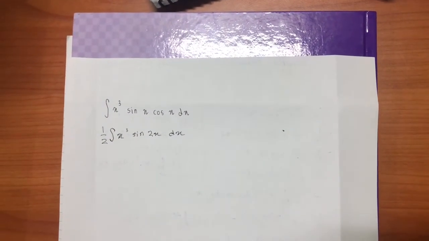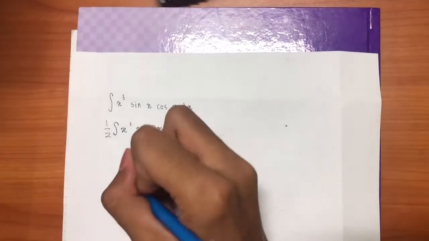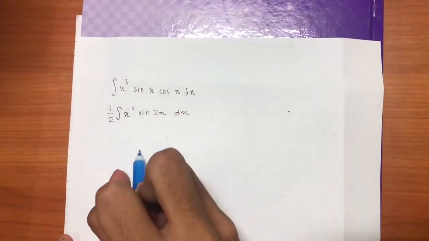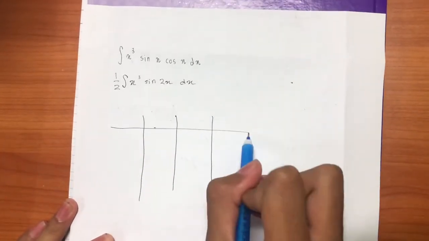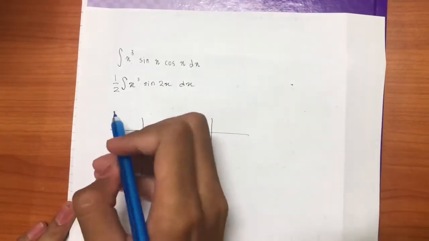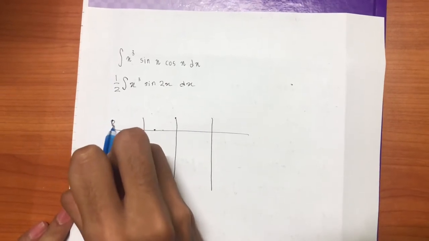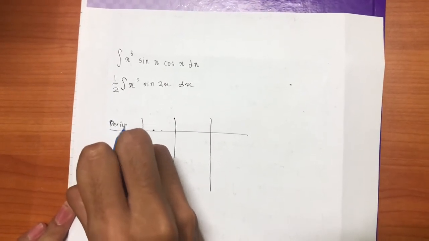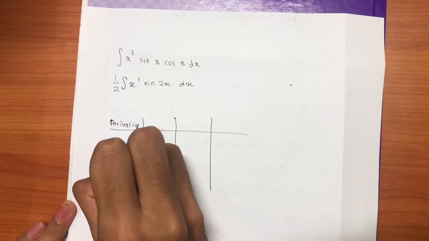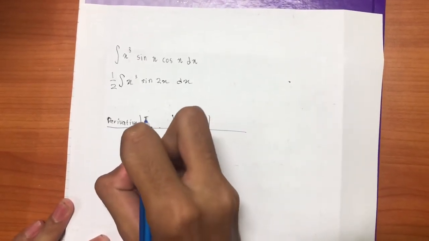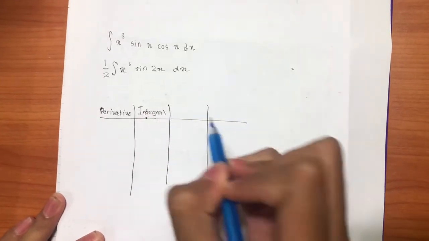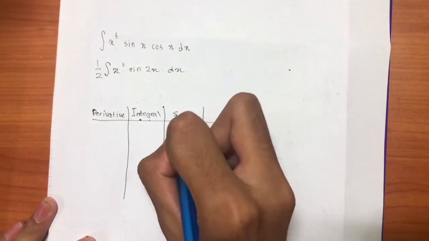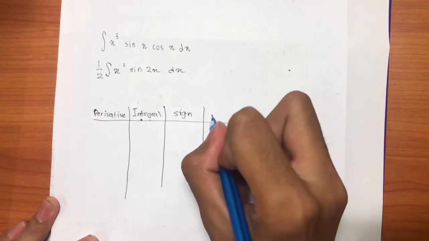So from this method, we have to make a table, a 4 column table. The first box is for derivatives. The second one is for integral. The third one is for sign, and the last one will be for product.